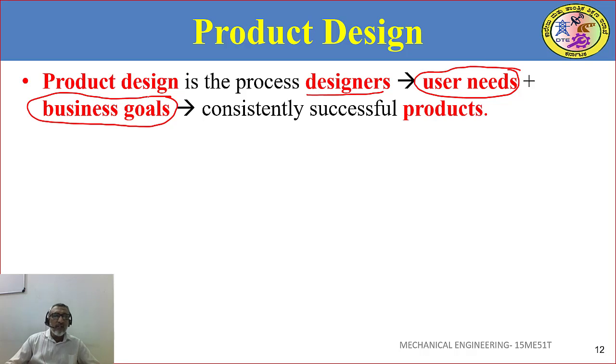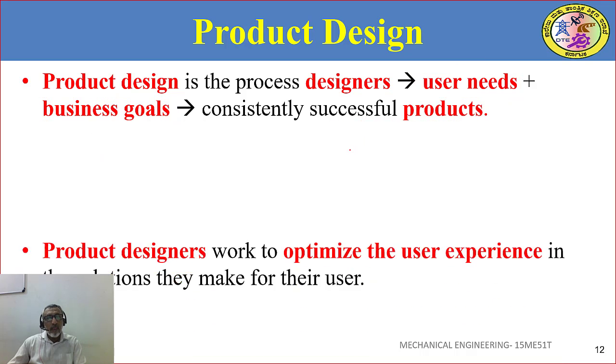So what the customer wants is primary. If the company produces what the customer does not need, there is no question of selling the product. So the customer needs are identified, and those things are blended with the business goals of the organization, and this leads to the successful products produced by the company.